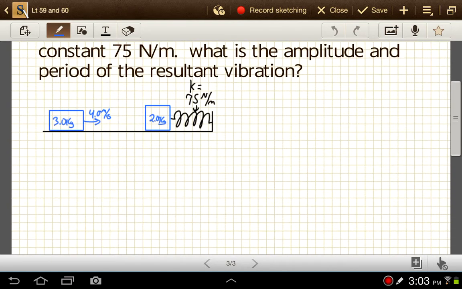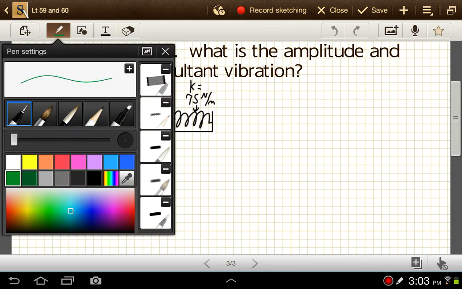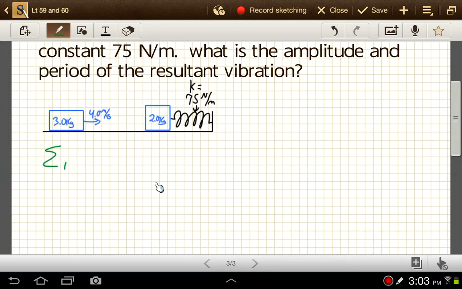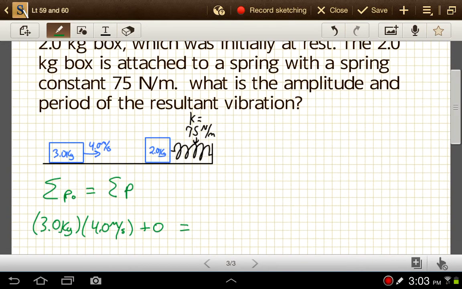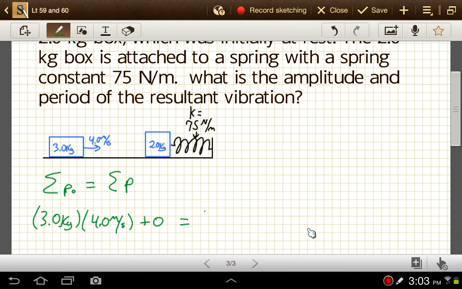So with conservation of momentum, we'll say total momentum initially is equal to total momentum final. So that'll be 3.0 kilograms on the initial side times 4.0 meters per second to the right plus 0 is equal to, and here it says that those two blocks are going to stick together at the end, so we're going to have just one big mass with 5.0 kilograms times the final velocity.